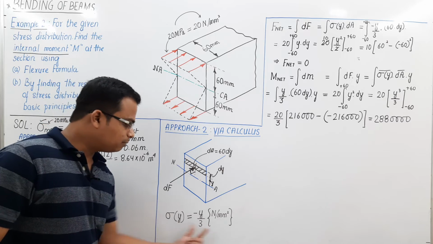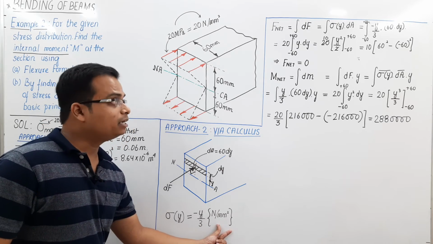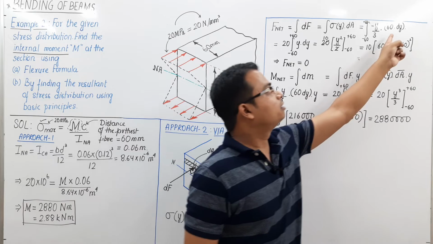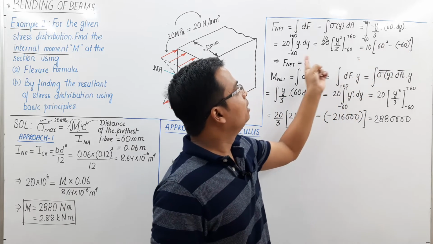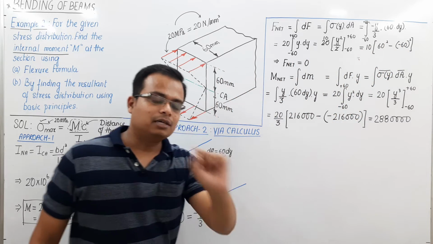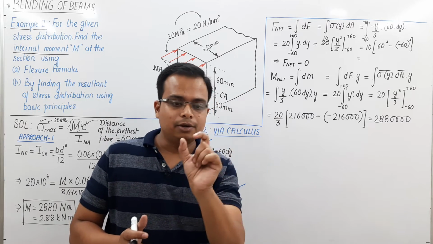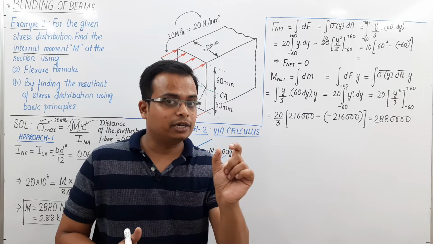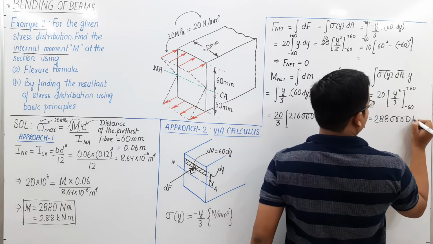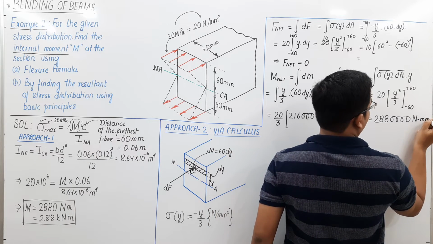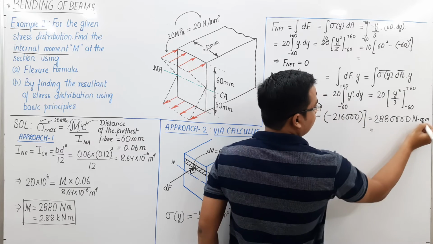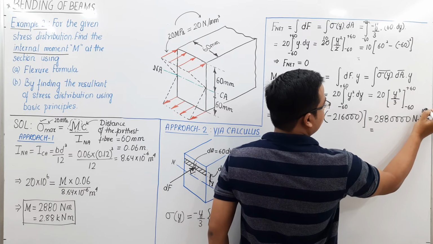And obviously, guys, from here we started. We took sigma y. Sigma is a function of y in Newton per millimeter square. All the values that I have plugged in, the 60 also, everything is in millimeters and newtons. Therefore, since it is the bending moment, force and distance, it is going to be Newton millimeter, not meter. Well, obviously, you can do the conversion. Milli is nothing but 10 raised to minus 3.